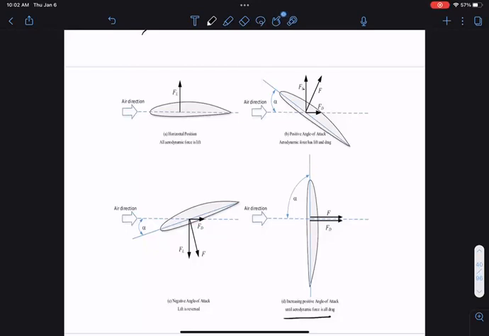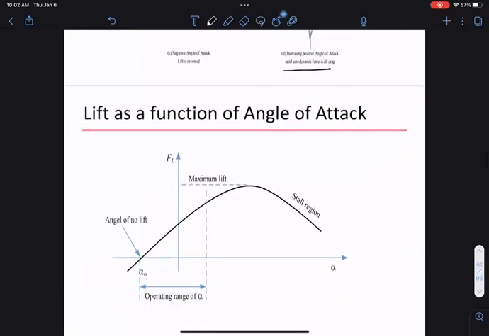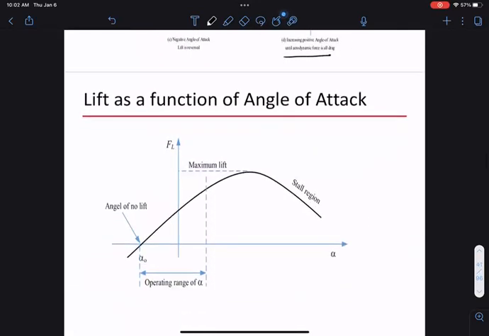Okay, all right, good. So there's something to keep in mind: the angle of attack is a very important parameter. What you have in practice is often a plot like this. I have an angle of attack, and by changing this angle of attack, I can change the amount of lift I have.